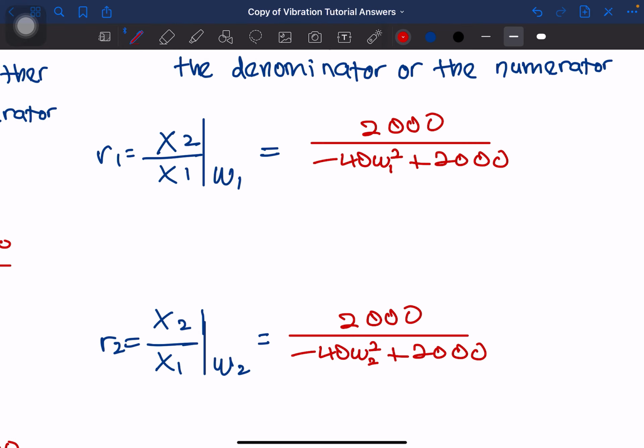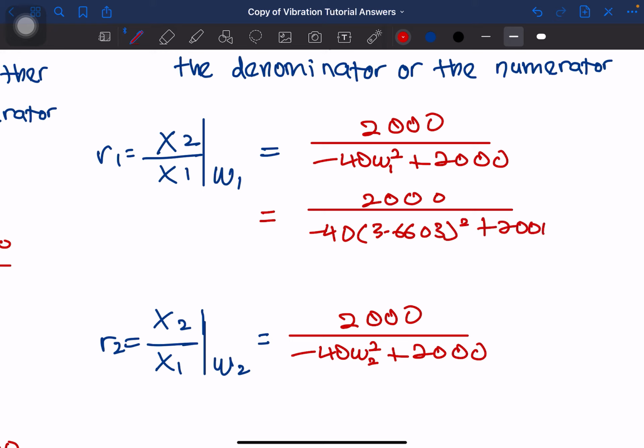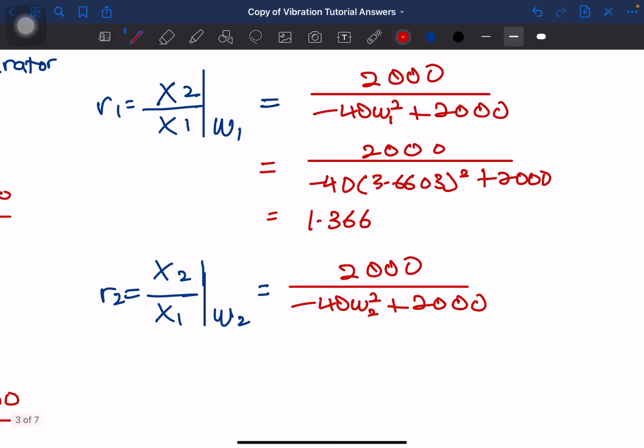Now substitute the values for omega 1 and omega 2. Your omega 1 just now is 3.6603 squared plus 2000, and you get your answer 1.366.